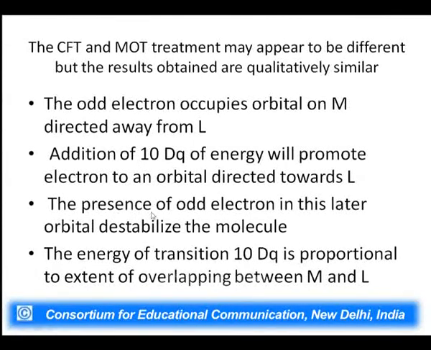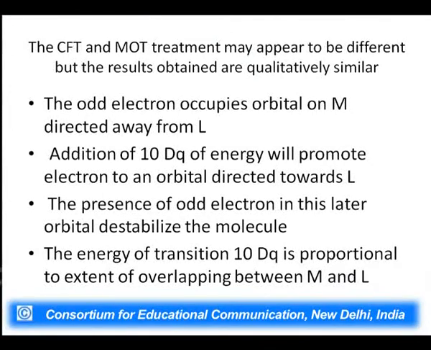And then the presence of the odd electron in the latter case would destabilize the molecule, because energy has been gained by the system. Therefore, destabilization in terms of energy has taken place. This therefore becomes an excited state of the molecule.